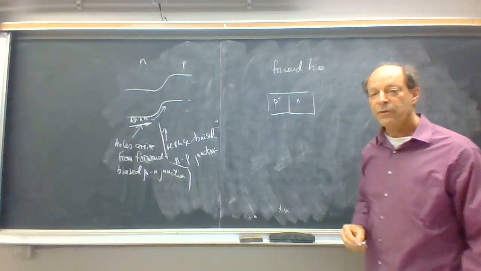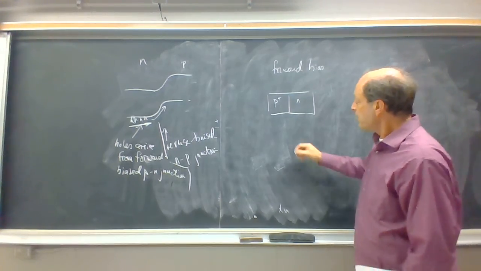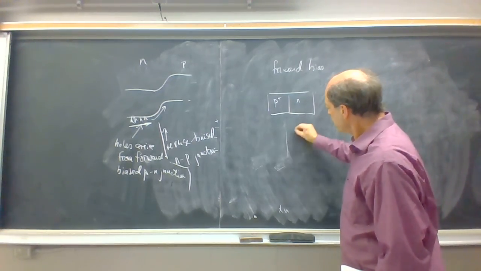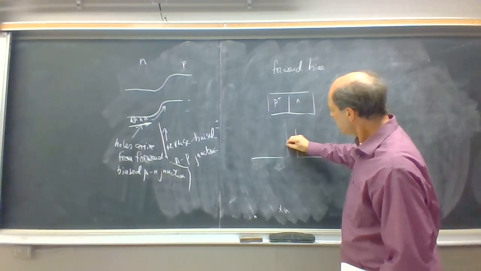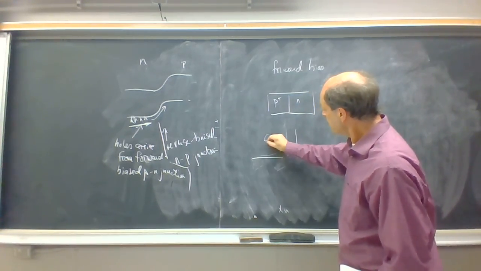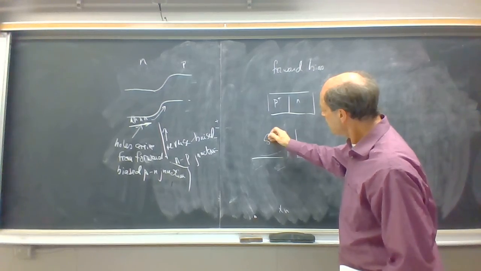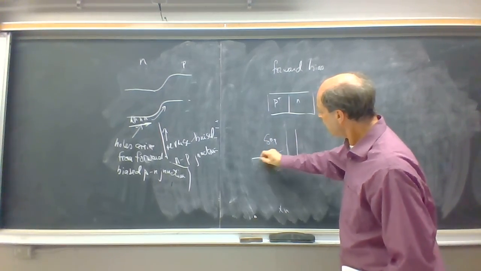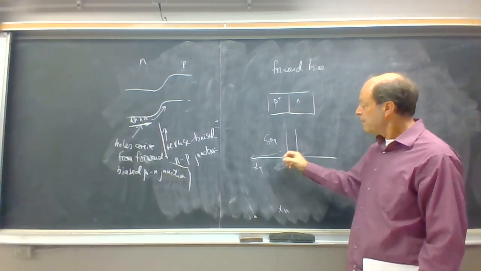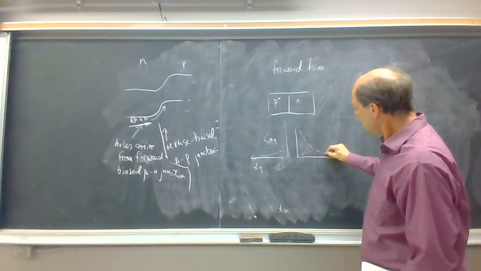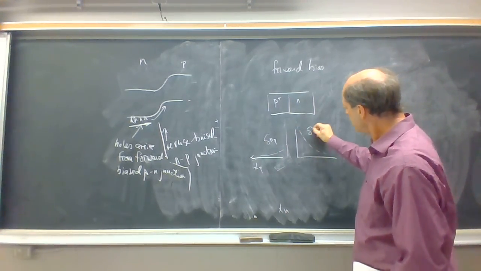If we look at that forward bias junction, and you forward bias it, you will get excess minority electrons in the P side. You'll get excess minority holes in the N side.